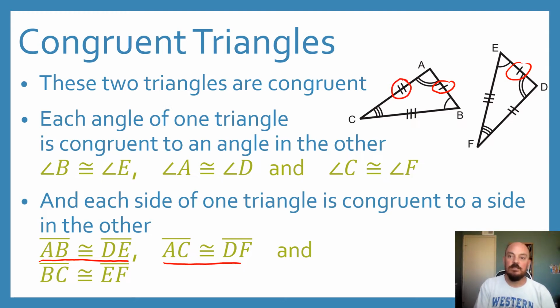AC is here, DF is here, they each have two. And then finally the third one, BC and EF, each have three, here and here. So that's what we mean when we say corresponding parts of congruent triangles are congruent. Corresponding means one from each. So if every side from one triangle is congruent to each side of the other, and the same for the angles, then we say the triangles are congruent.